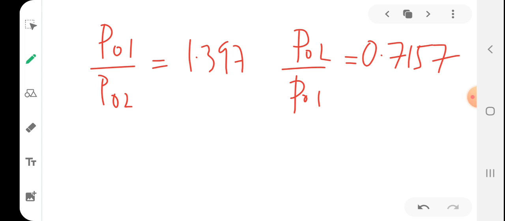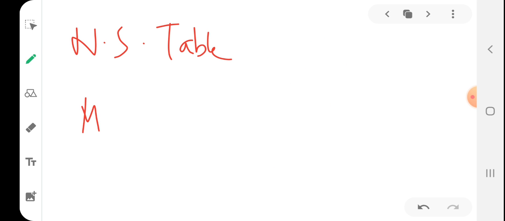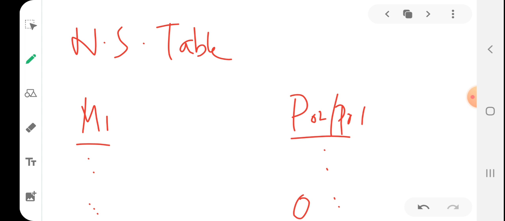So students, if you got the P02 by P01 ratio across a normal shock, you can obtain the upstream Mach number, right? How? Because there is a normal shock table. There will be a Mach number M1 with so many values, and P02 by P01 will have so many values.